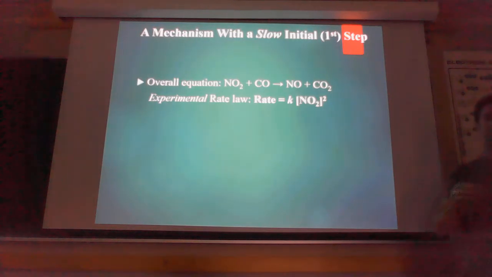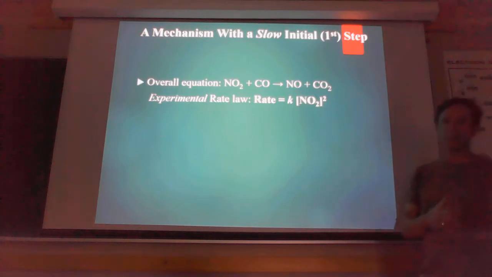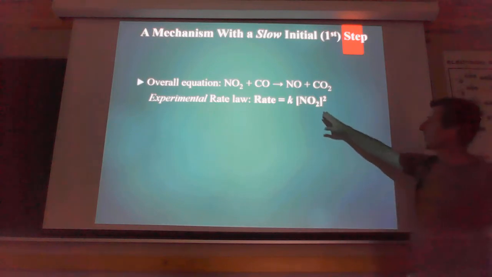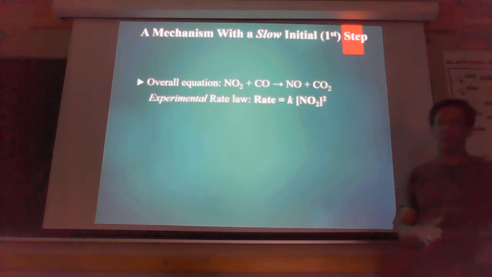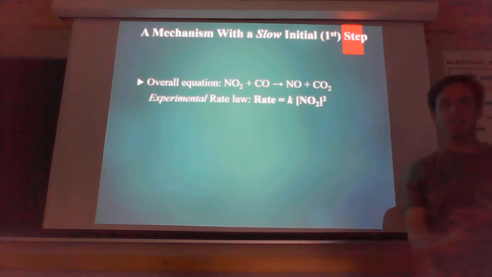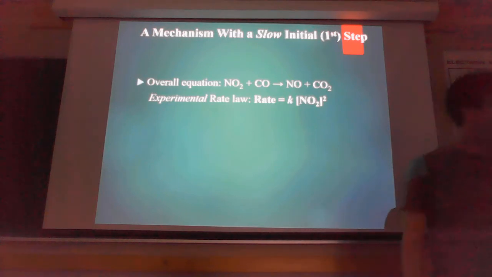If the first step is the slow step, which is the assumption for this problem, it's only going to involve two NO2 molecules. It's not going to involve any CO. The CO is going to come in a later step. It'll be a fast step, which means it doesn't have a major role in the overall rate. So that's why CO doesn't show up in the rate law.